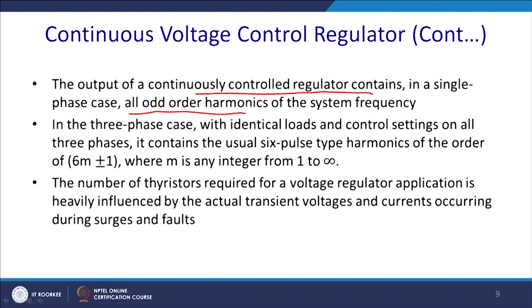In case of 3 phase with identical load control setting, if you employ a 6 pulse converter, then the usual 6 pulse type harmonics of order 6m plus minus 1 will be present, that is 5, 7, 11, 13, where m is an integer ranging from 0 to infinity.